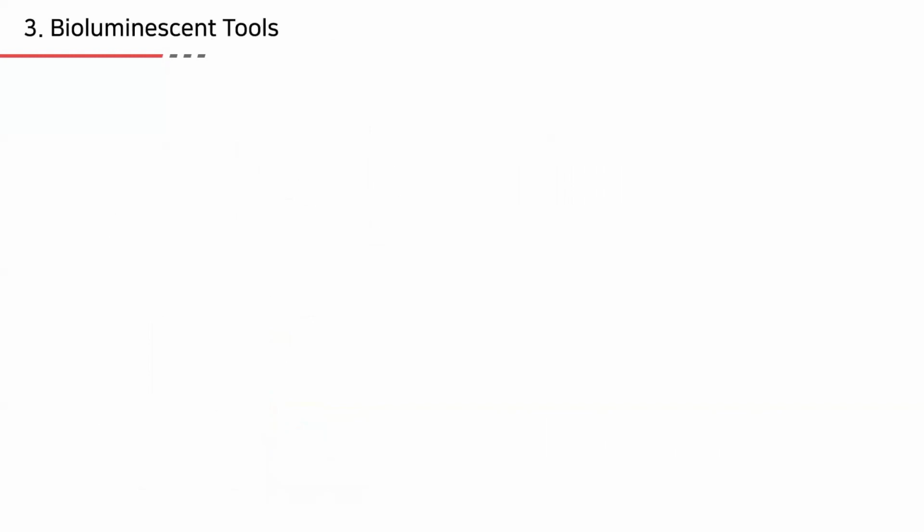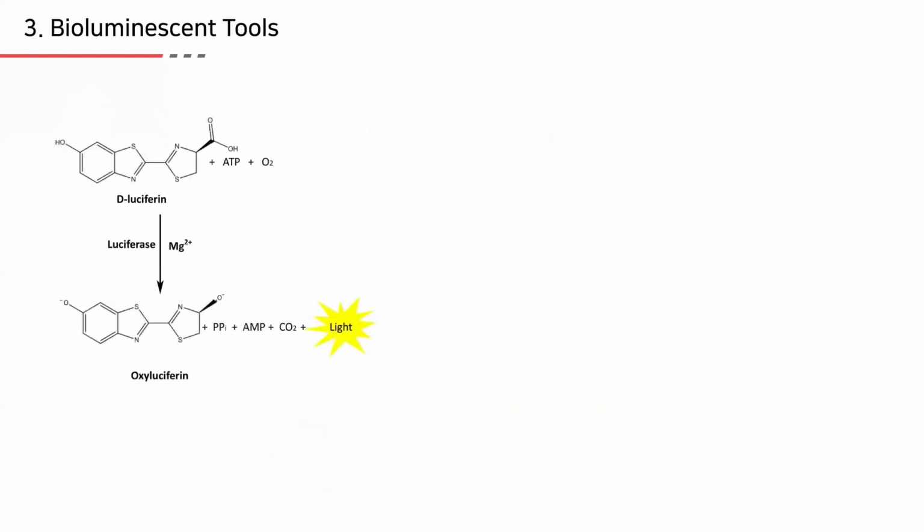Next, we are going to discuss bioluminescent tools for imaging, modulating, and integrating. As usual, photons were generated by a physical light source, but an enzyme called luciferase can produce light by oxidizing luciferin.